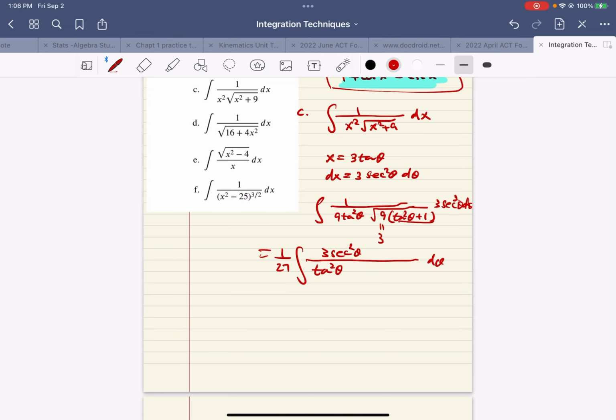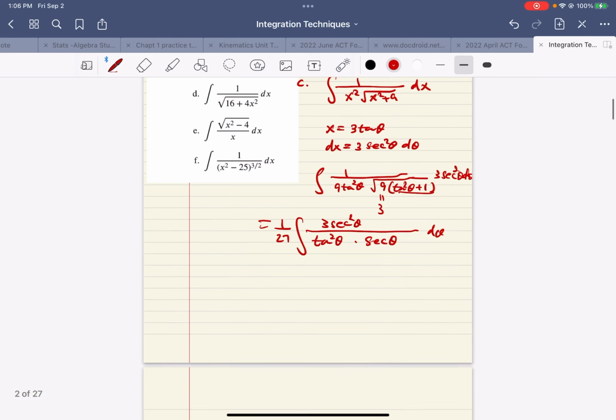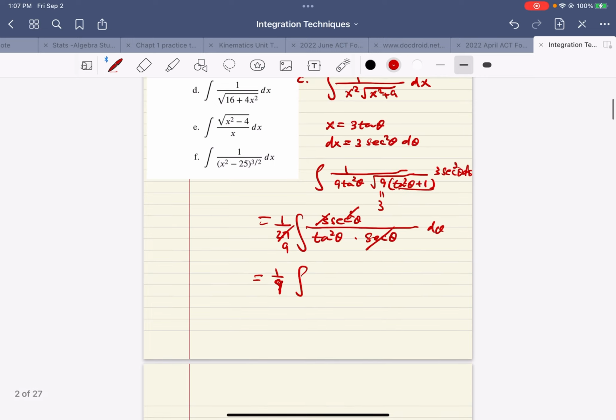And 1 plus tangent square is secant square, so square root secant square is secant theta. So one of the secant theta cancels out, and this one cancels out, so you end up with 1 over 9 integral. You have only one secant theta and tangent square theta d theta. Okay, you got it up to here.